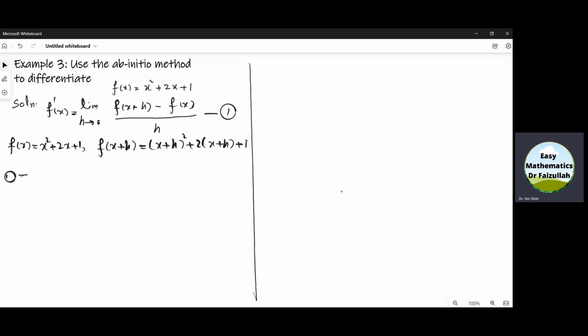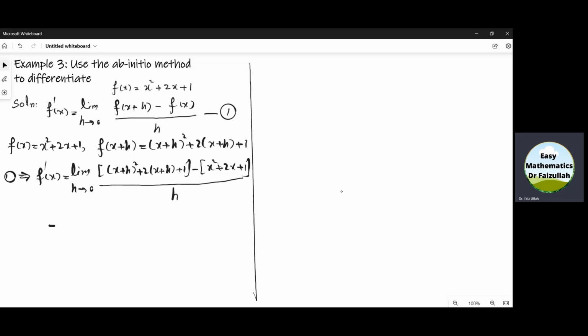Let us substitute these values in 1. So 1 becomes f dash of x is equal to limit h approaches 0, and now here we shall write x plus h whole square plus 2 into x plus h plus 1 minus the value of f of x, which is x square plus 2x plus 1, whole divided by h.